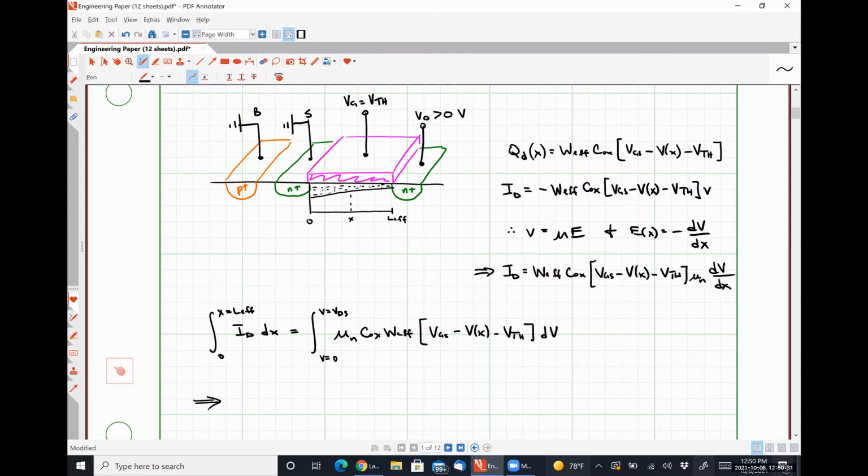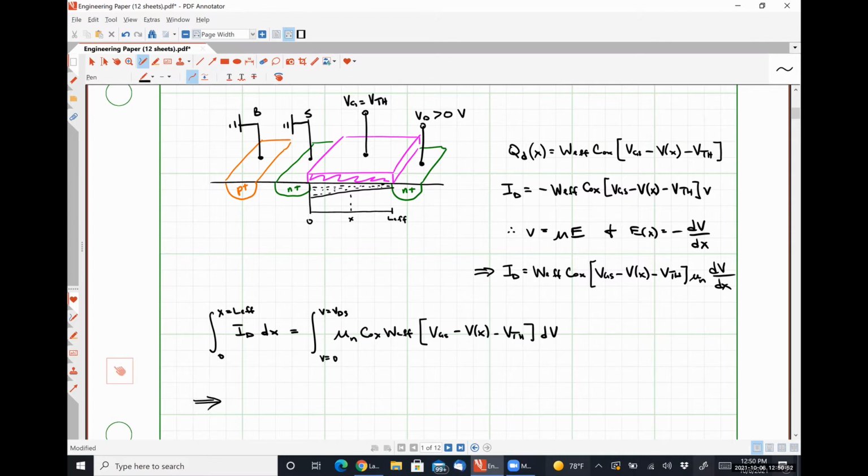Okay, here. So does ID, my drain current, depend on position? Let's think about this. Is there ever any element that you've ever dealt with where the current flowing through it changed as a function of position within the element?